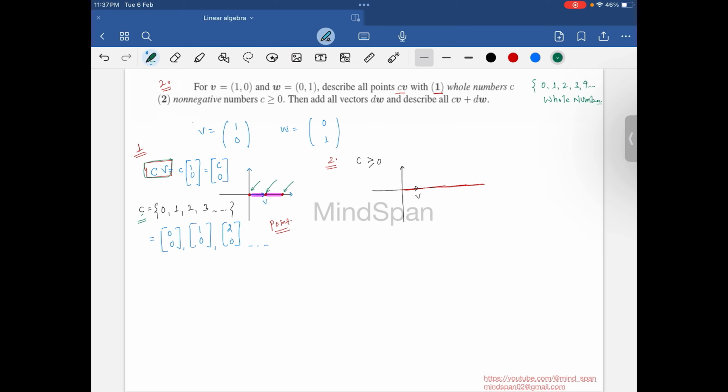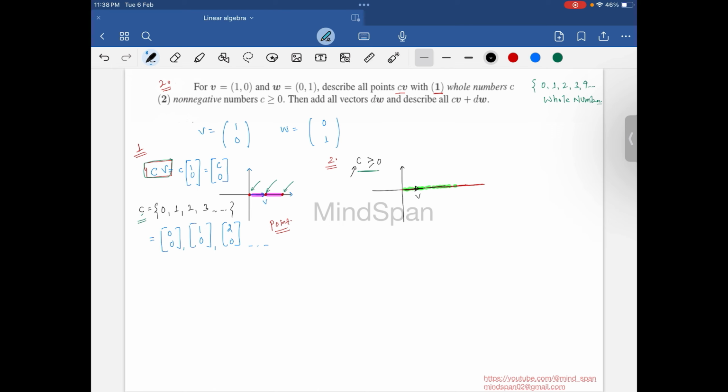But what happens in this case where c is greater than 0? We can reach any point that is greater than 0 along this vector v. So you can reach here, here, here, here, any point with this particular definition of c, right?